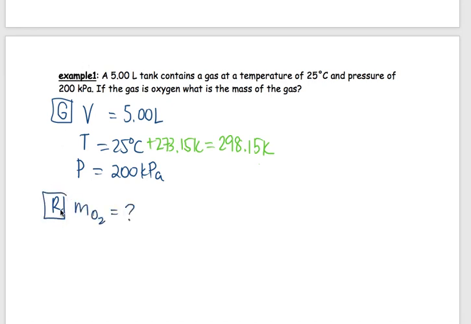Okay, so again, we've had the scenario where we have a gas, we do something to it, now we have these new conditions. That's combined gas law. Here we don't have two conditions, and we have to find the mass. So we need to use the ideal gas law.